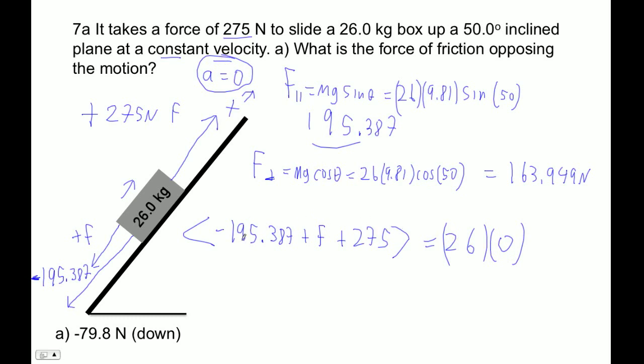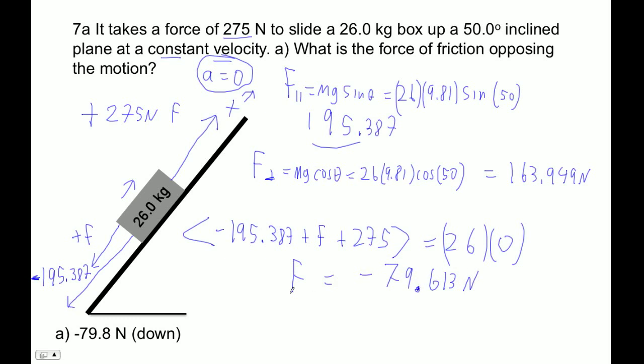Okay, so now I'm going to take that 195, and basically it's just that thing negative times 275, or plus 275. And I get 79.613.